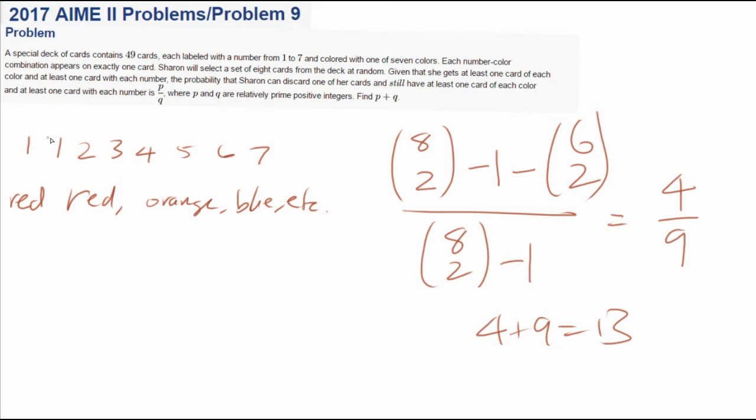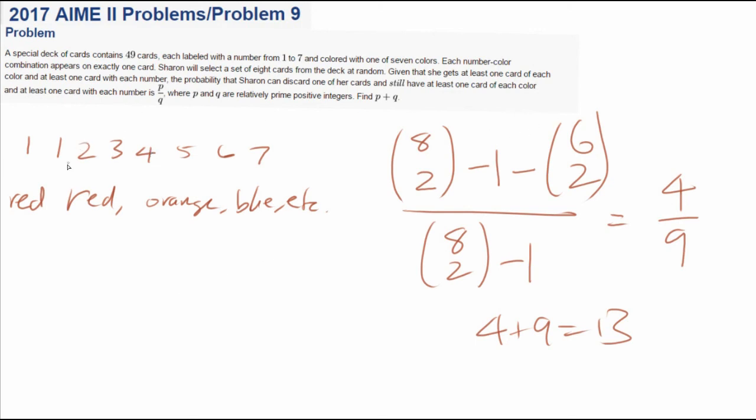And then we need to find the number of ways that the red is assigned to one of the 1 cards. Because if a red is assigned to one of the 1 cards, then that means she can discard one of her cards and still have one of each color and one of each number. See. So we have to find the number of ways in which she can assign the red card to a 1 card, and we use complementary counting.